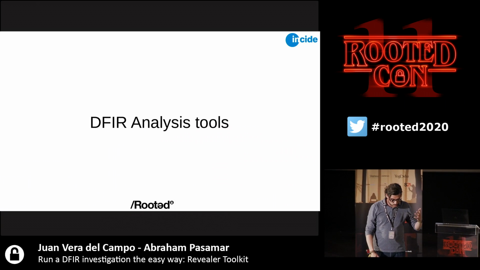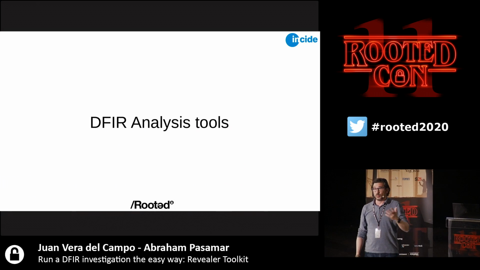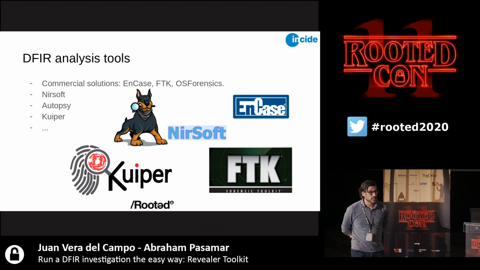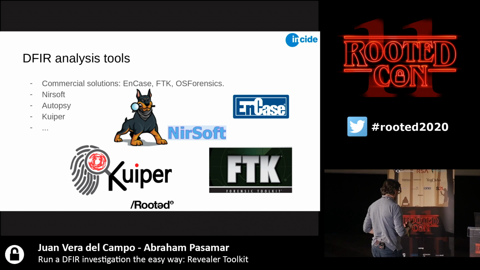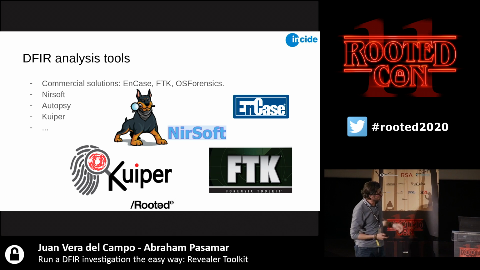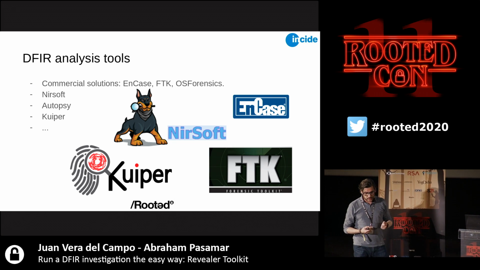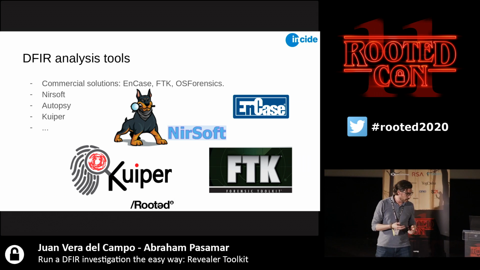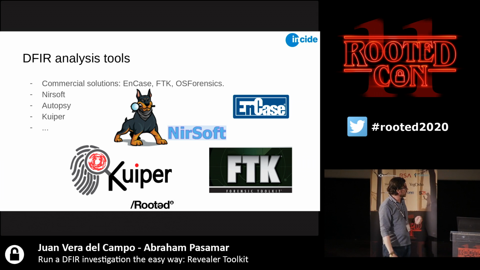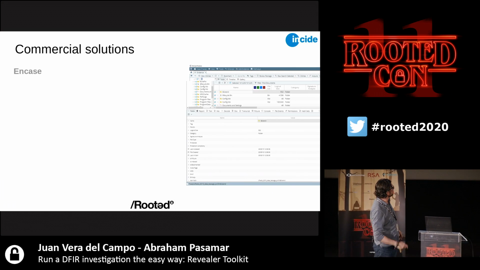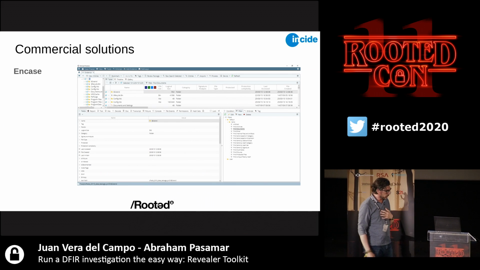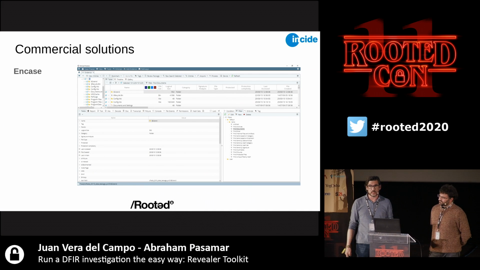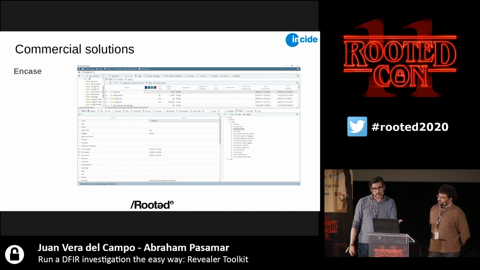So what are the alternatives in the market in order to conduct these forensic analyses? There are tools like, for example, business solutions, EnCase, FTK, OSForensics, or Nirsoft that let us access the incident response scenarios so that we can act on Windows and pick things from there. So let's see them on the fly so that you can have an idea of how they work. This is a snapshot of the EnCase solution.